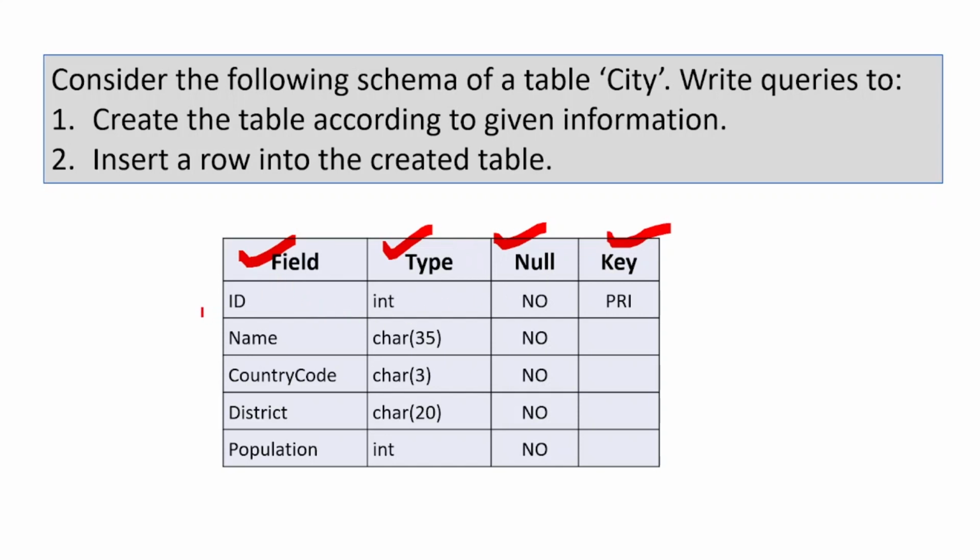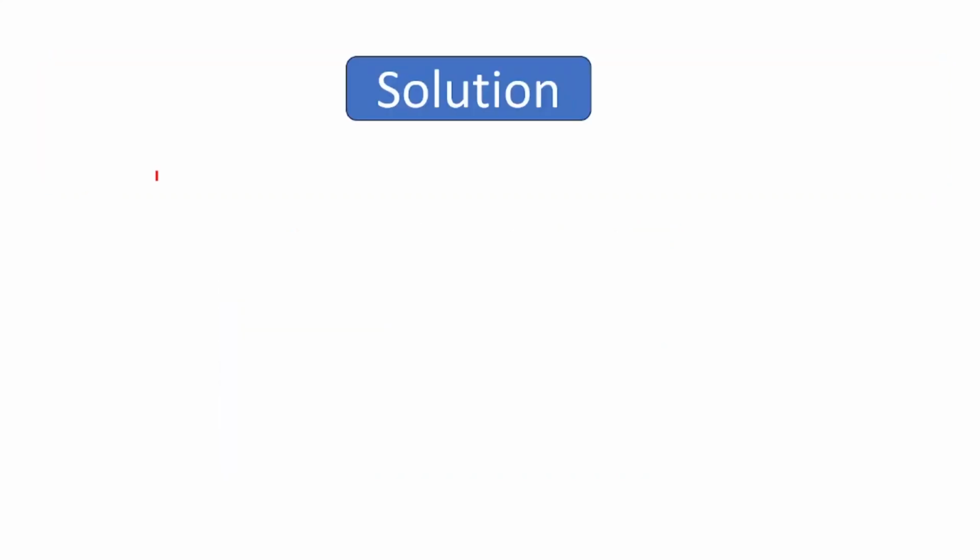The fields given are ID, name, country code, district, population, whereas the data type for ID is int, for name it is character, for country code it is again character, for district it is again character, for population it is integer. So let's write the create and insert queries for the given exercise.